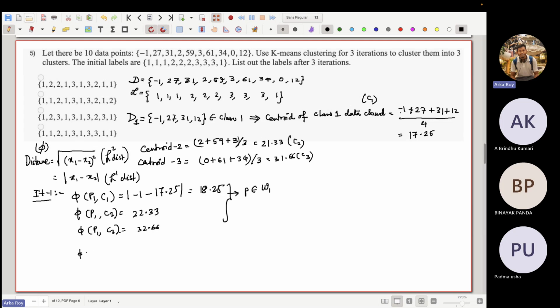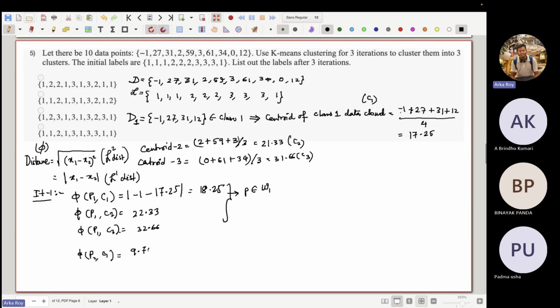This is for the first data point. Similarly, we have to do this for all the data points ranging from -1 to 12. That is why I was saying that this question is pretty long. So now let us solve for the other cases as well.